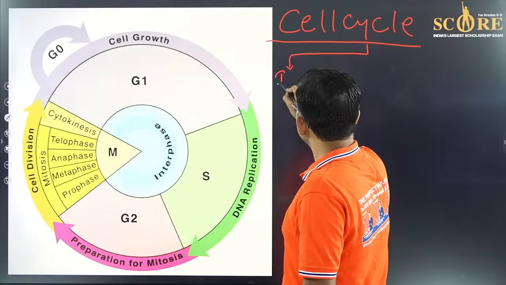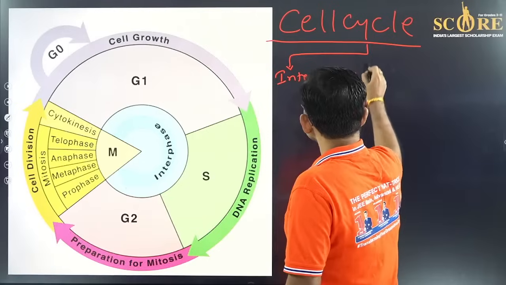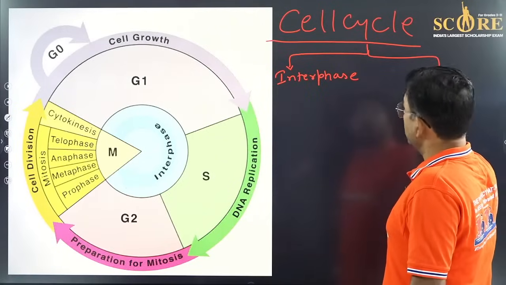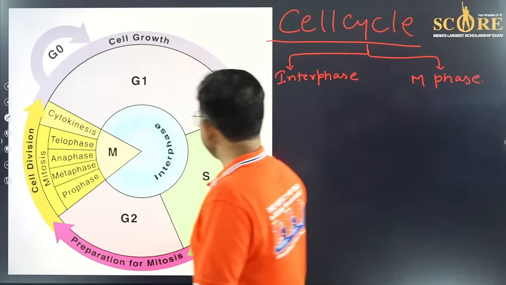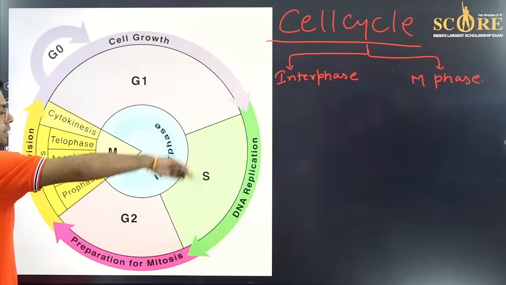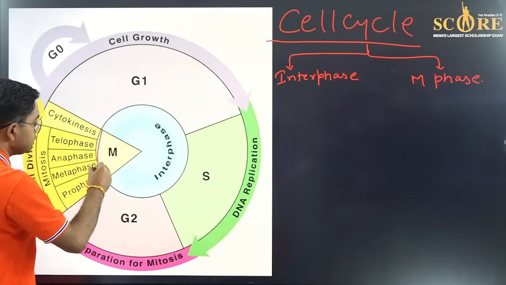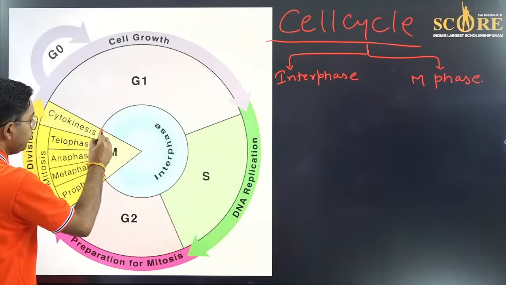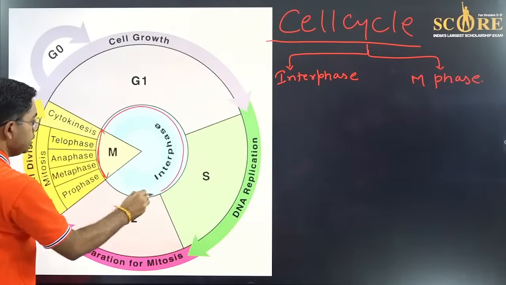One is the interphase and another is called the M phase. You can see here, if this is the entire cell cycle, this part is the interphase and this part is the M phase.